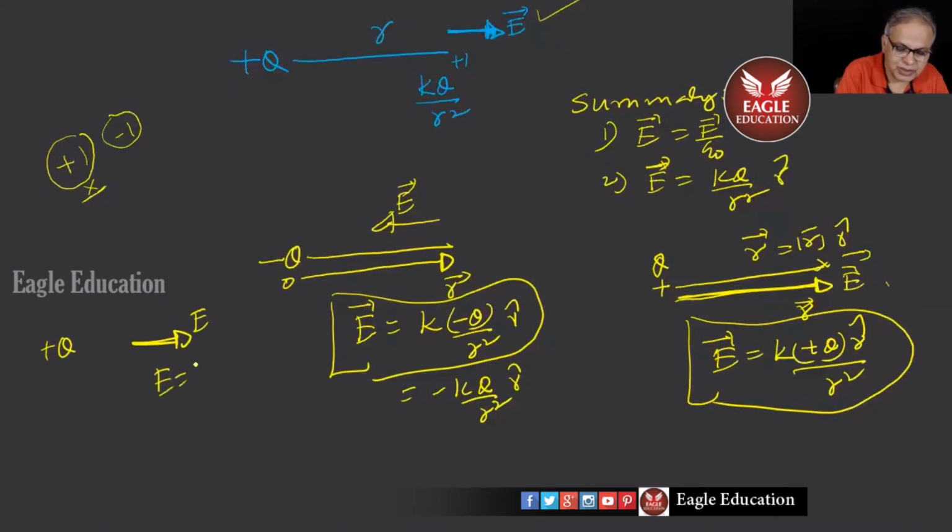E equals KQ by R square. If I show the vector like this, I can write the direction separately from the magnitude. But if I don't want to show anything, I'll simply say E at this point is what? K into plus Q by R square R cap. That's all. So this will tell me that it is along R.